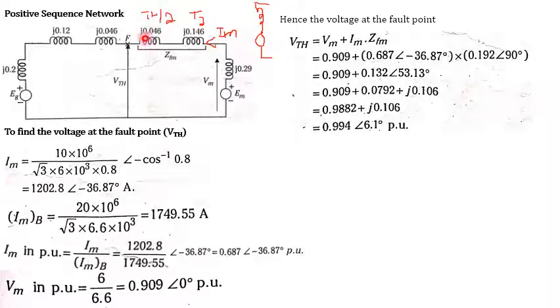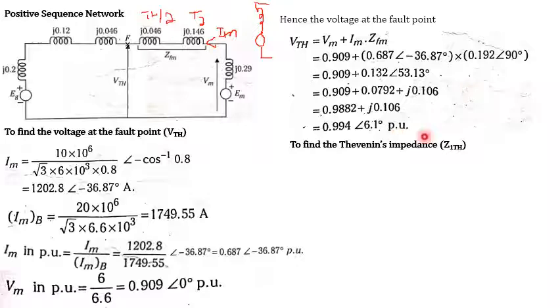Because the middle of the transmission line there is a fault. So adding up these two, we will get the value of ZFM, that is 0.192 at an angle of 90 degree. Substitute this value and do the simplification, you will get 0.994 at an angle of 6.1 degree. Okay, so this is the value of V Thevenin's we got.